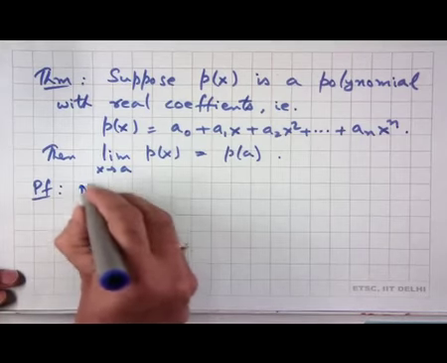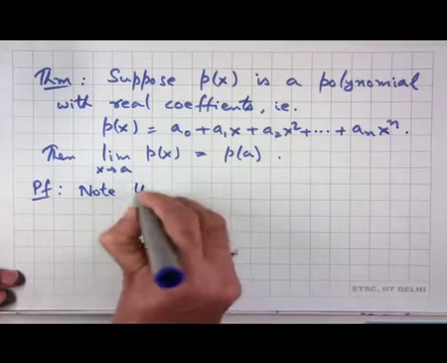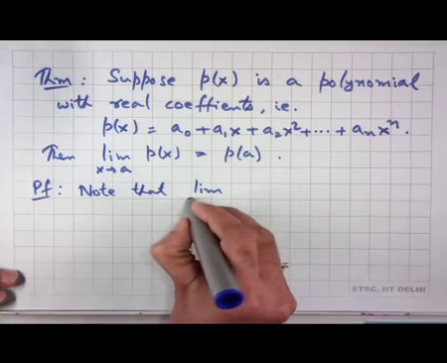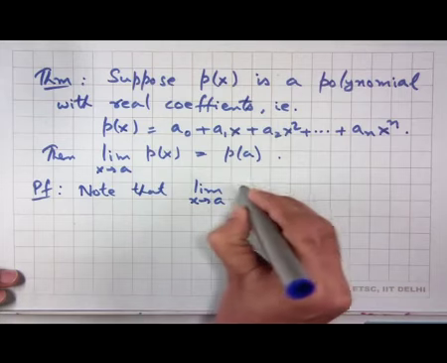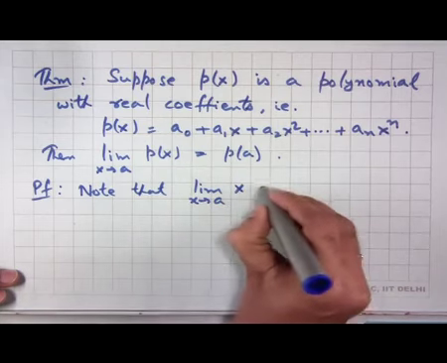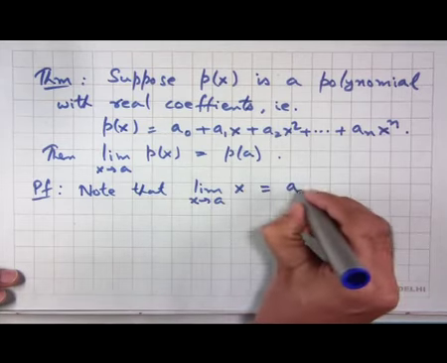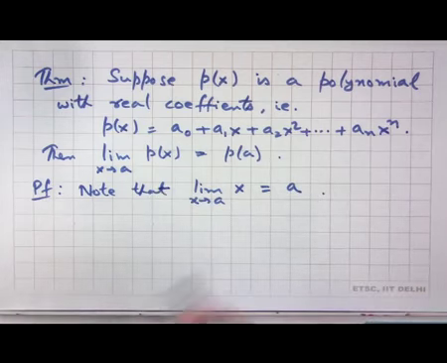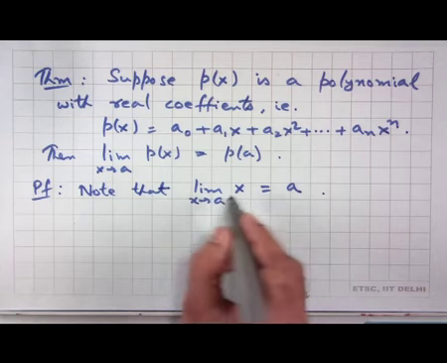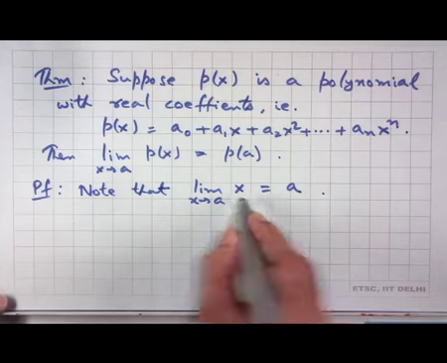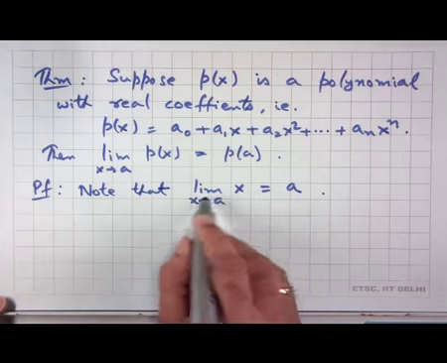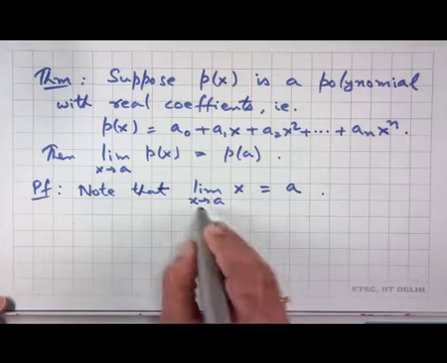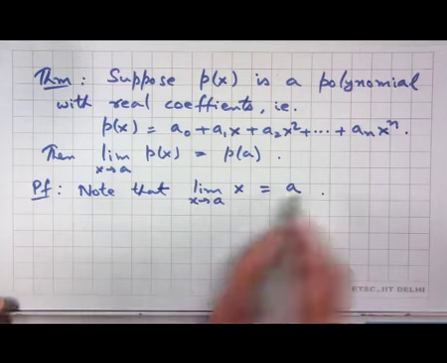So, to prove this you only have to know, first note that the limit of x as x goes to a is equal to a. This is very easy to see, and using the epsilon delta definition you just have to see that delta equal to epsilon will work. So, the limit of the function f x equal to x as x goes to a is equal to a.